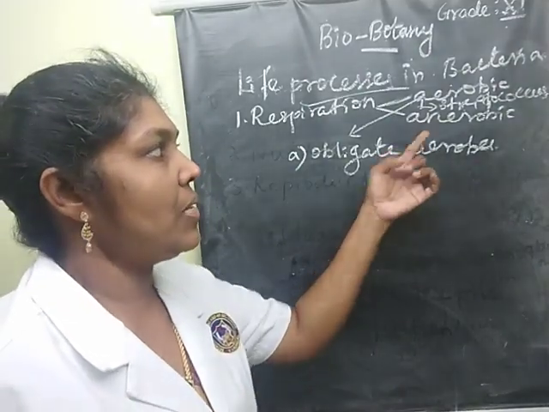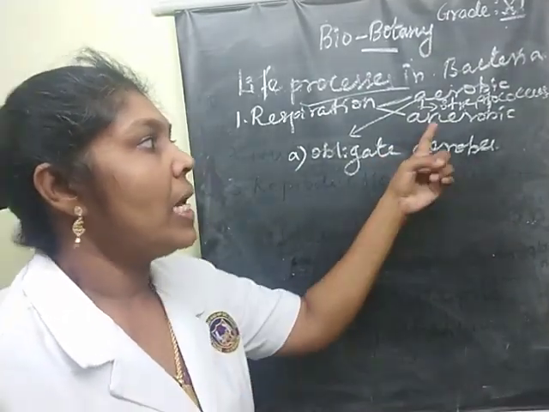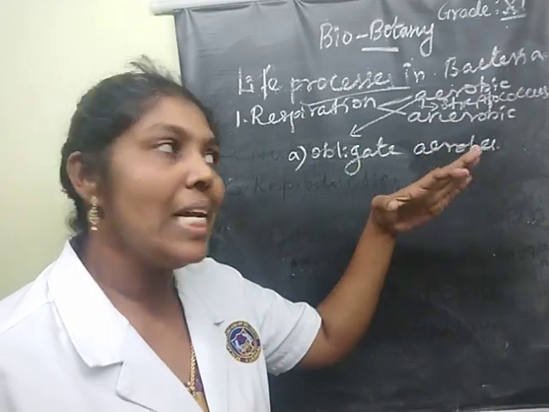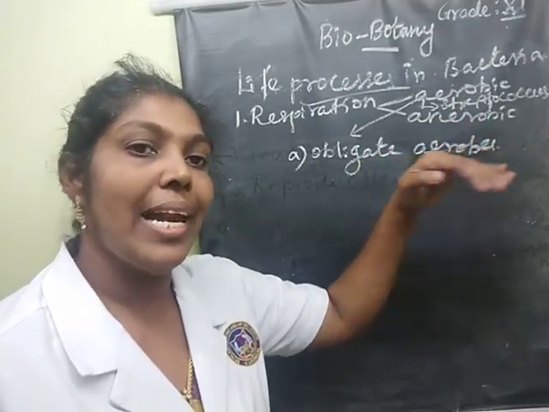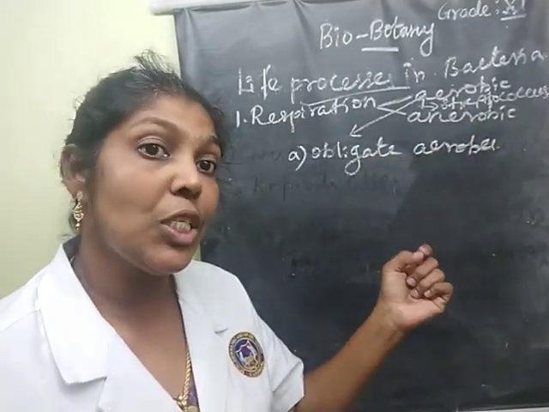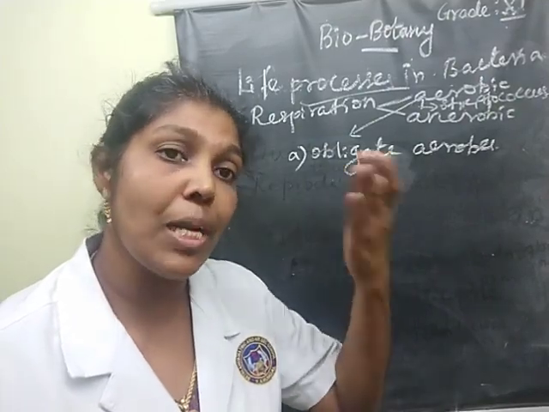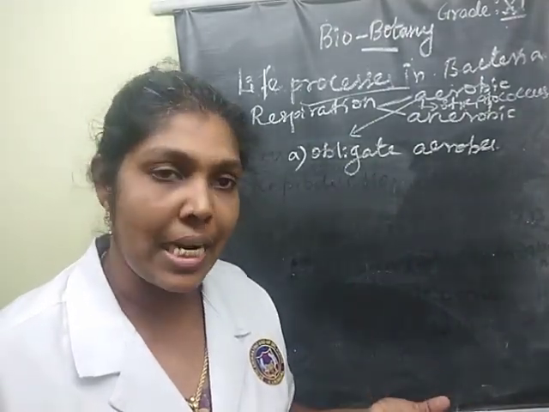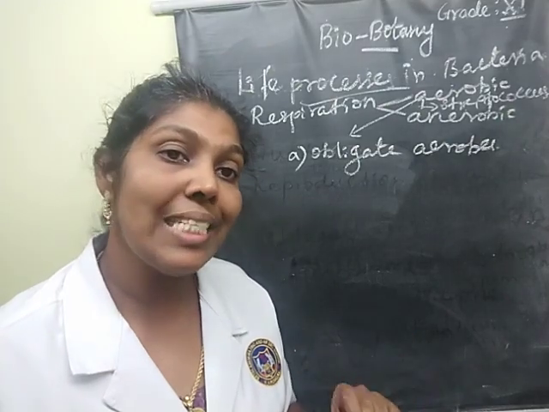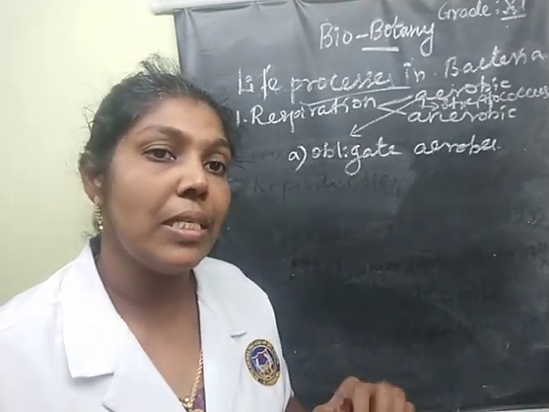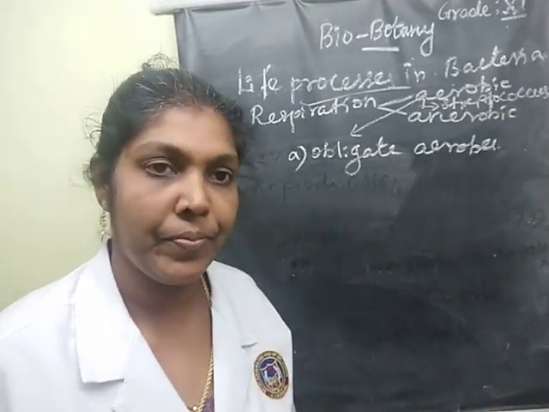Yes. Next one is the anaerobic bacterium. In this type of bacterium, there is an absence of oxygen, but for growth and metabolic activities they need energy. Am I correct? They get that energy from certain fermentation reactions. Clear, children?